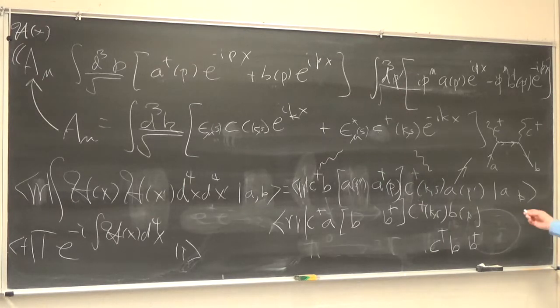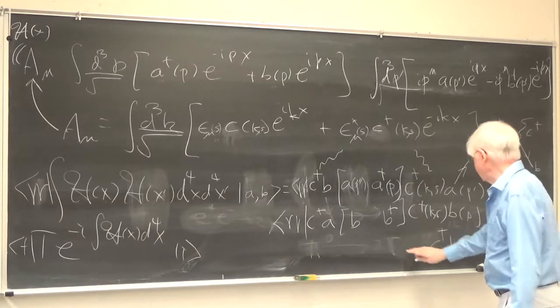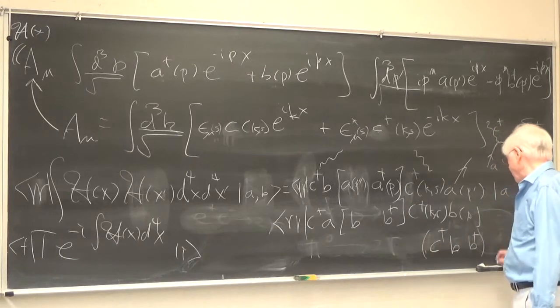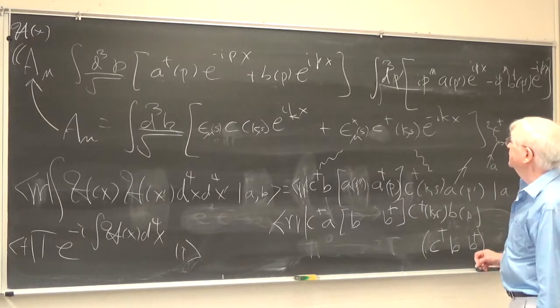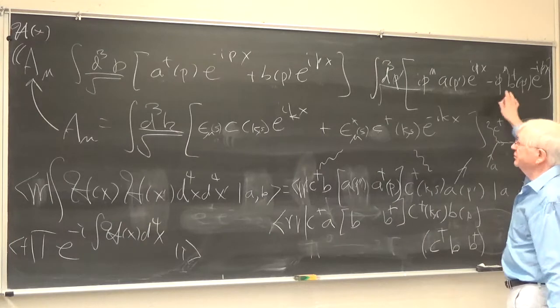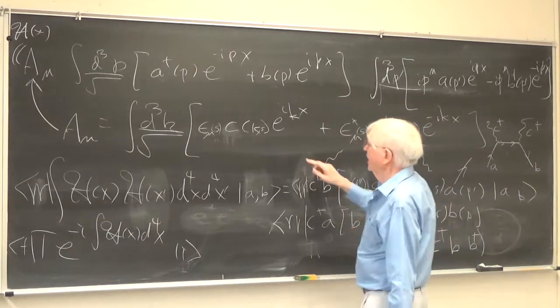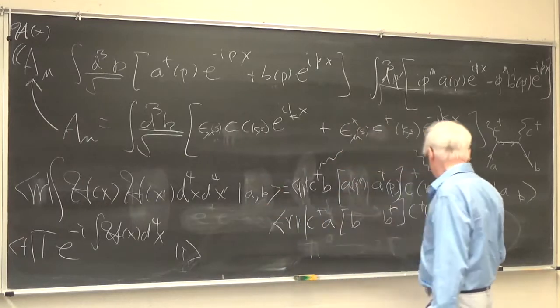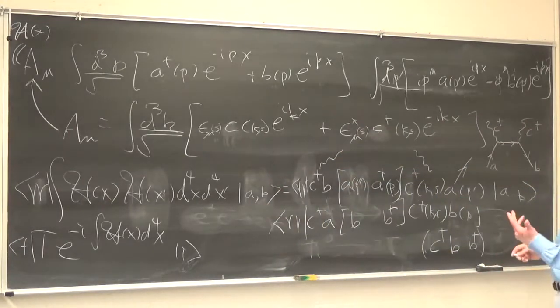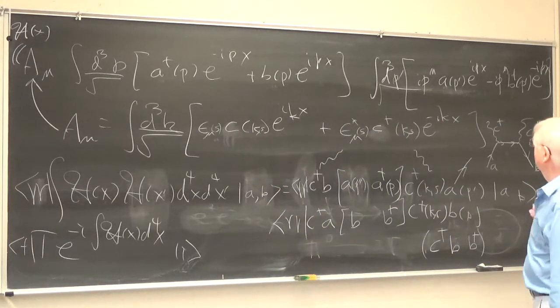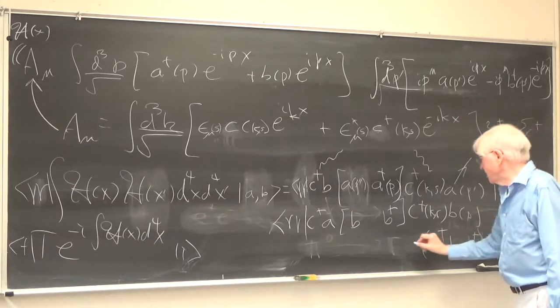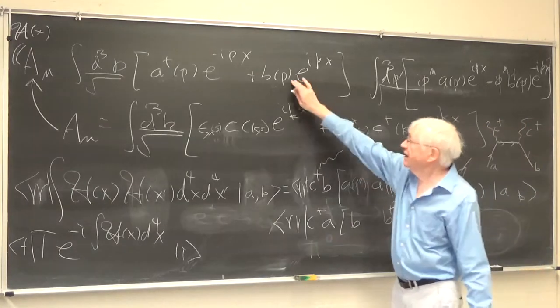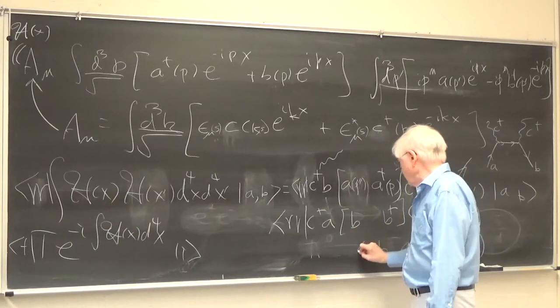This also works because from the second vertex... so all this is from the first vertex. You just pick a B dagger from here and a B from there, and a C dagger from there. Now from the second vertex, we have to annihilate both incoming particles, so we pick an A from there, a B from there, and a C dagger.